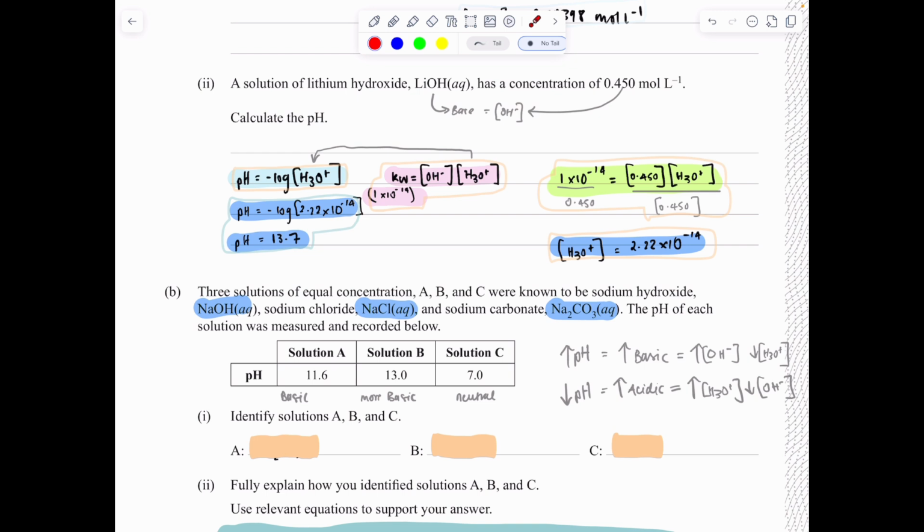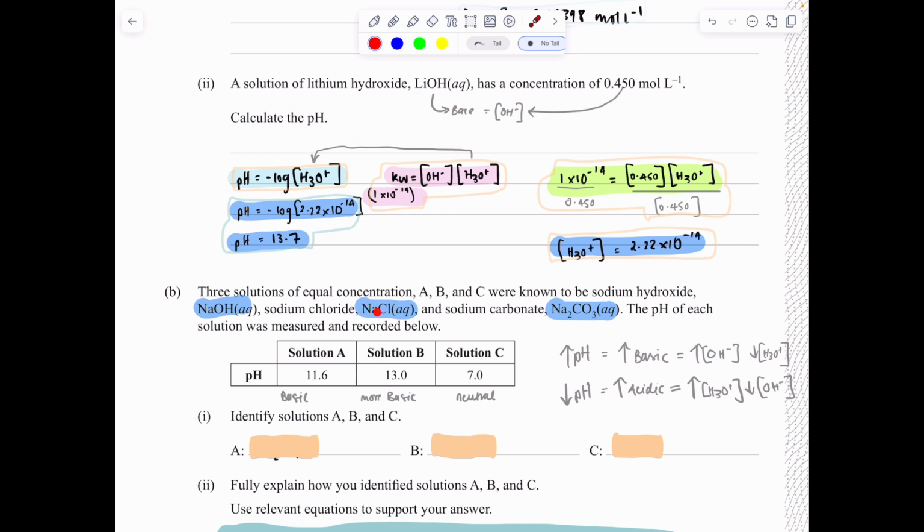Okay, we've got another high pH value, not as high as 13. So what would solution A be? Is it going to be sodium chloride or sodium carbonate? Well, let's look at sodium chloride.